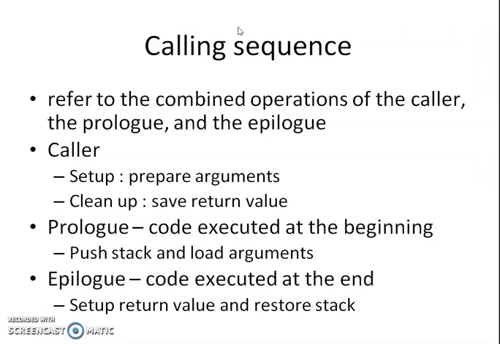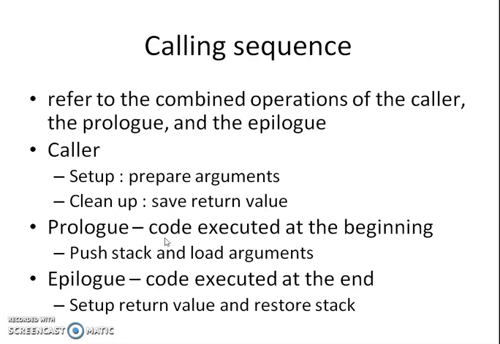So the calling sequence refers to the combined operation of the caller, the prologue, and the epilogue, in which the caller has setup and cleanup. The caller will be performing this setup and cleanup. That is, setup is preparing the arguments, and cleanup is saving the return value.